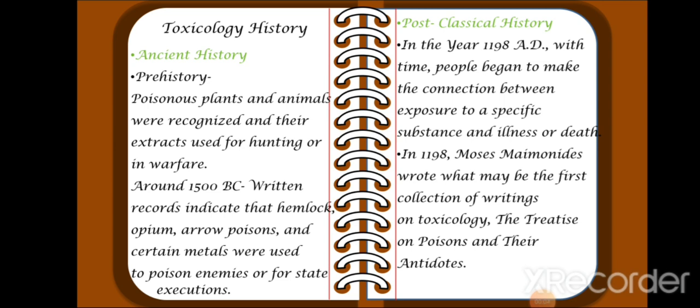Moving on to the next slide, that is history of toxicology. In ancient times, basically the prehistory times, poisonous plants and animals were recognized and their extract used for hunting or in warfare. Around 1500 BC, the written record indicates that hemlock, opium, arrow poison, and certain metals were used to poison enemies or for state execution.